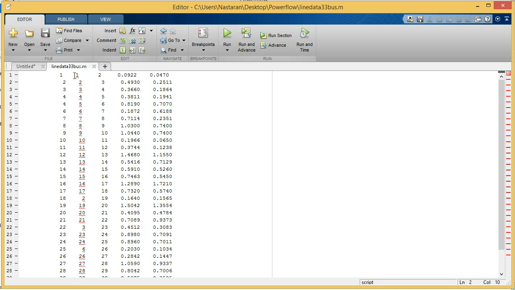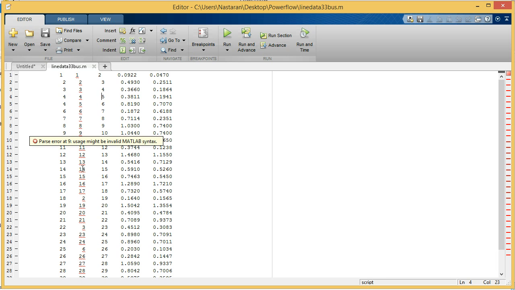The second column shows the in bus, or the bus that is located at the beginning of the line, and the third column shows the bus that is located at the ending of a line. For example, line 4: the beginning bus number is 4 and the ending bus number is 5.